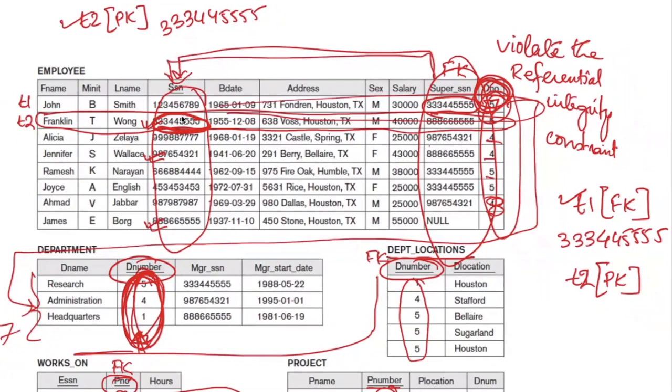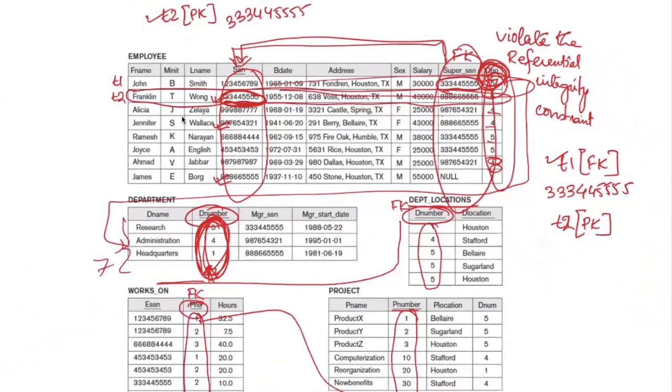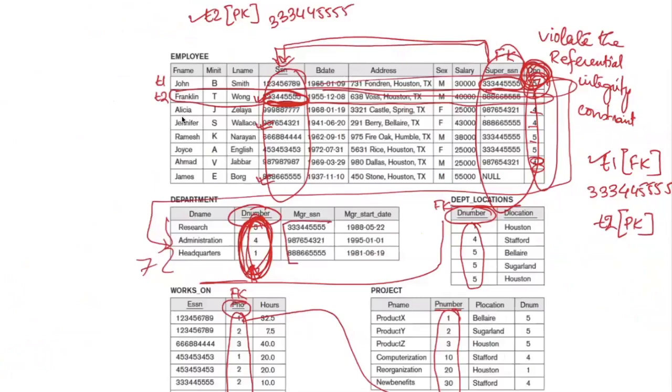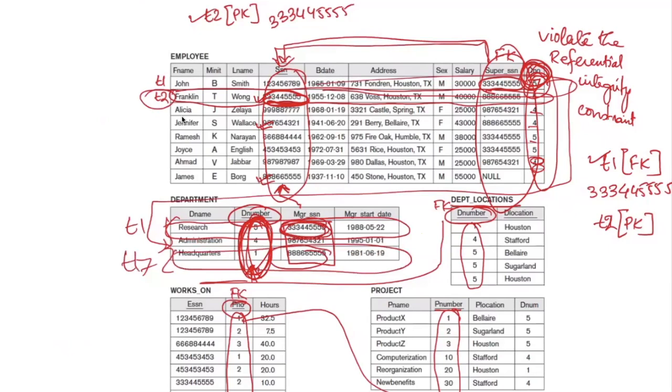All right. You can look at other values also, like here you can see MGR SSN. MGR SSN refers to SSN of employee. So if this one is my T1, then I have to find a tuple T2 in employee with the same value. For this tuple, what will be my T2?